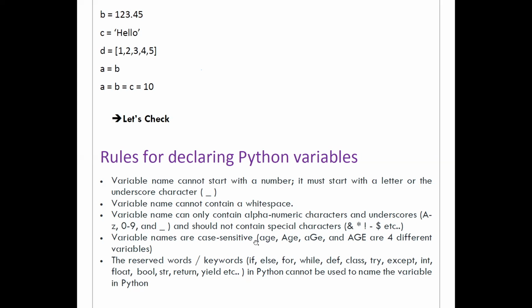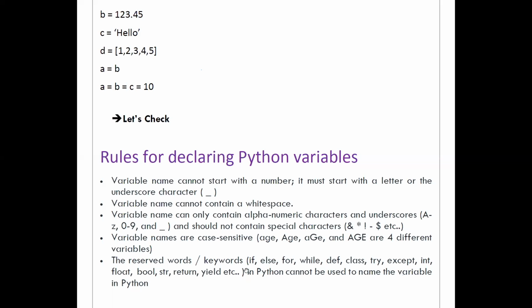Variables are case sensitive. Next, one more important rule. The reserved words or keywords cannot be used as variable names. You can see that: if, else, for, while, def, class, try, except, in, float, and so on.